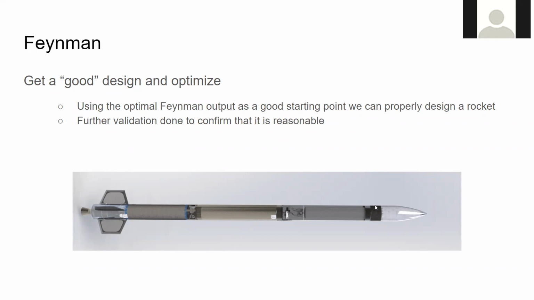After our nose cone, we have our tank sections. A lot of our tank sections are made of carbon fiber because of the high stiffness to mass ratio. We also use a lot of aluminum for structural pieces. For our liquid oxygen tank, we are making it out of stainless steel.